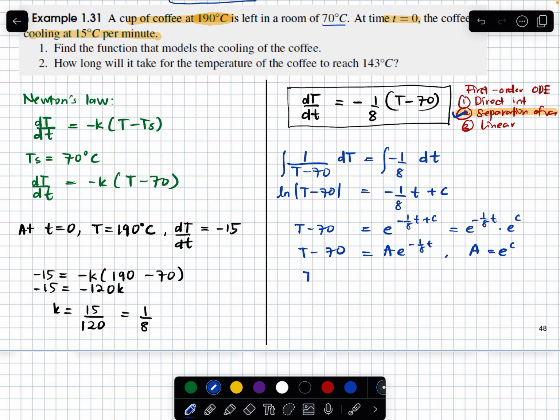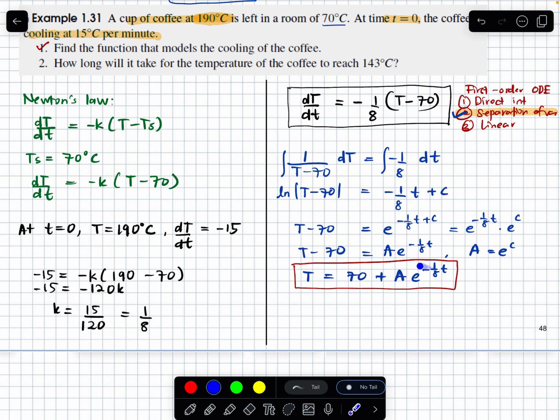And lastly, your T equation is 70 plus A e to the negative 1 over 8 t. So this is your updated function of T. This is question number 1: find the function that models the cooling of the coffee. So here is the answer. Question number 2.